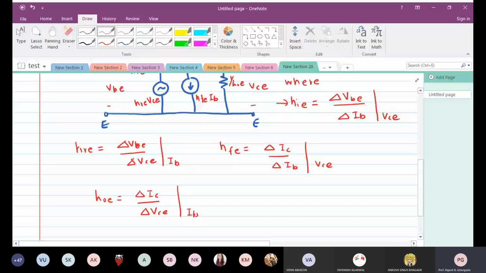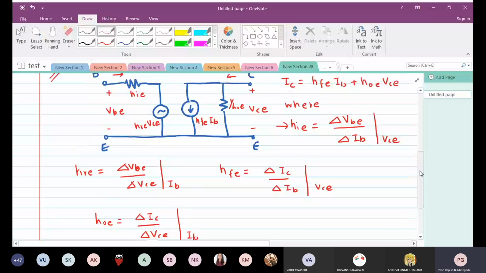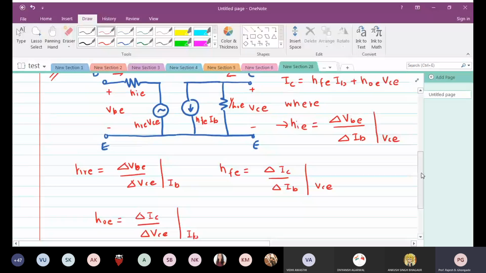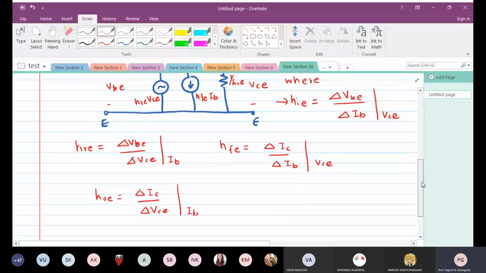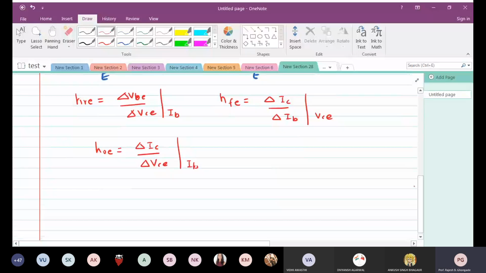So these are the parameters I get. The interpretation is that I can replace the transistor with its H parameter model, in simple plain words. Okay, so that is what we get.